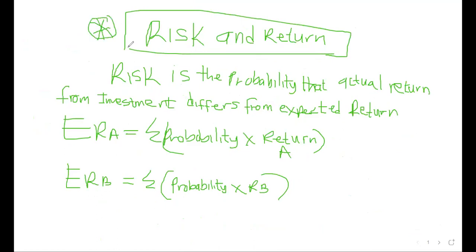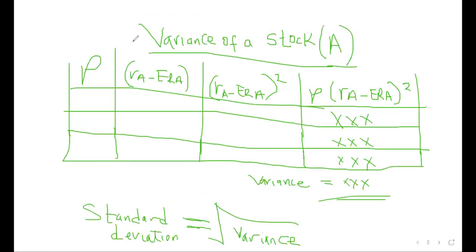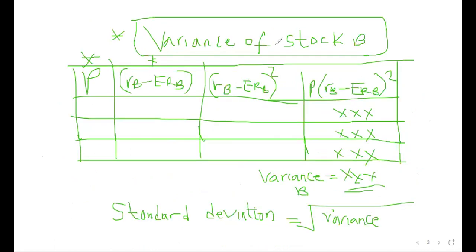Of course, we'll be building up a little bit for the full coverage where we get into portfolio management. The basics is this one, expected return of A, B, then getting down to the variance of a stock, where you add this one, that one to get the variance. The standard deviation is the square root of variance. Then for stock B, similarly, you add that one, this one, the variance, and the standard deviation is the square root.